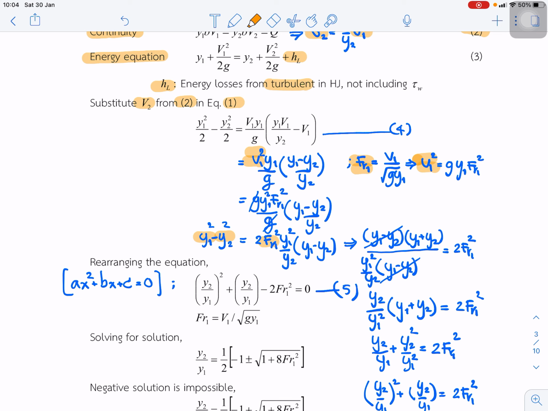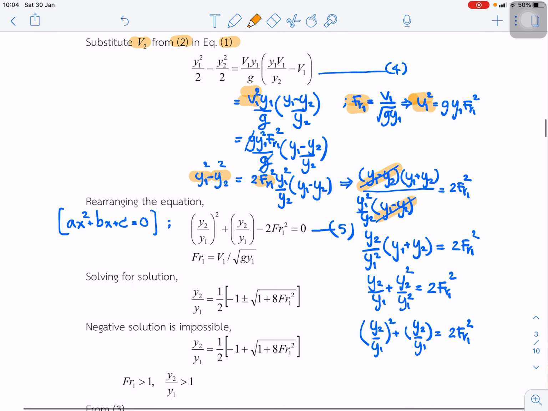And next, we rearrange to keep the Froude number on the right hand side, everything for y on the left hand side. Okay, and this is cancelled for both terms. Finally, we got this equation 5.